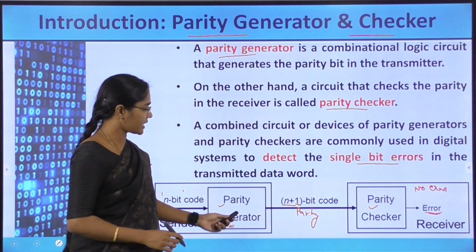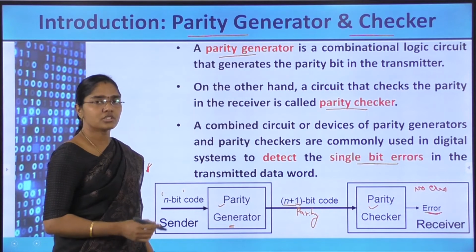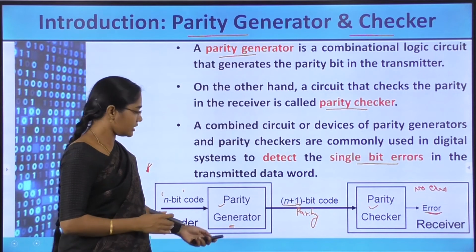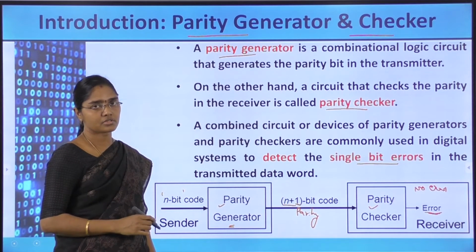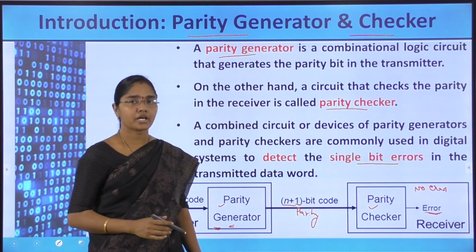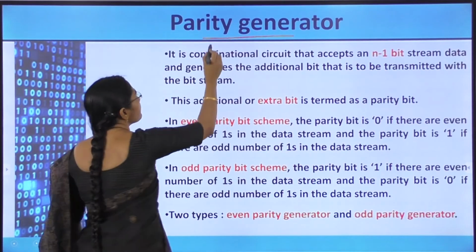So combined, this parity generator and parity checker will be used in all our systems of data transmission or in all our communication systems. Let's see this parity generator design part. Let's see the parity generator.